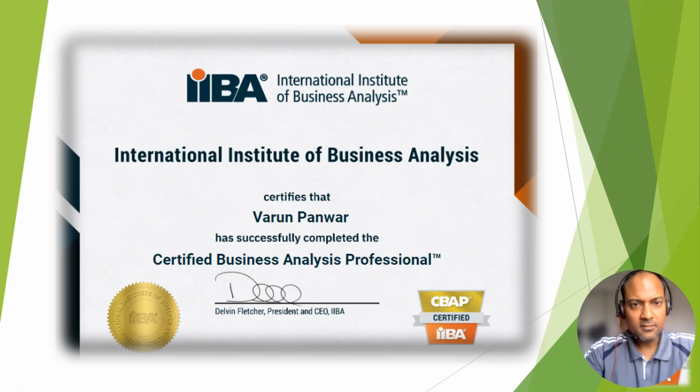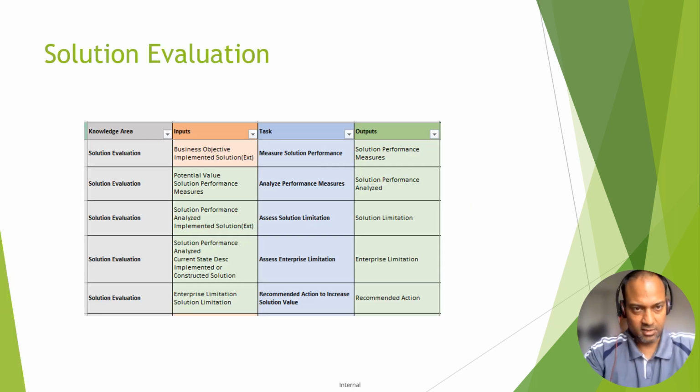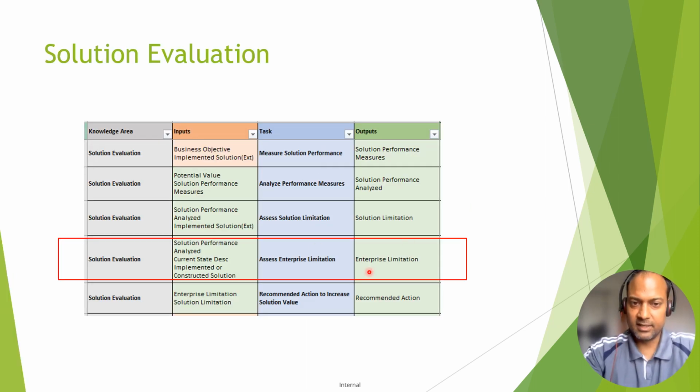So now back to the topic which we will continue. Solution evaluation. Today from the solution evaluation knowledge area, we'll focus on assess enterprise limitation, which is the next task after we have done assess solution limitation.